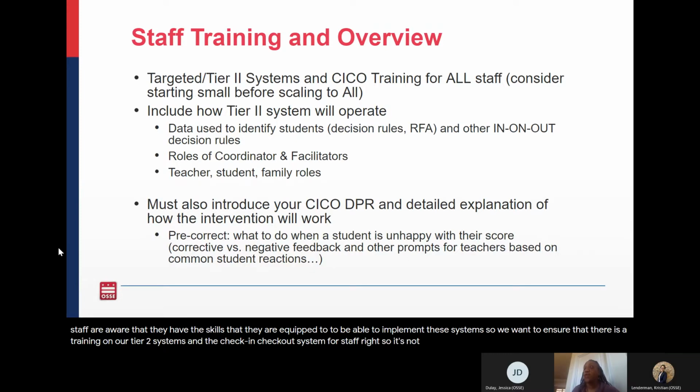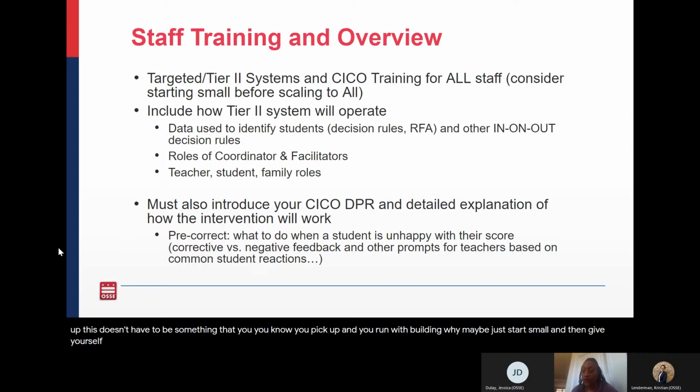So it's not safe to assume that all staff are aware, that they understand. So thinking about how will we do a training specific to that? And it's okay to start with just maybe a few staff members and scale up. This doesn't have to be something that you pick up and you run with building wide. Maybe just start small and then give yourself an opportunity to scale up.